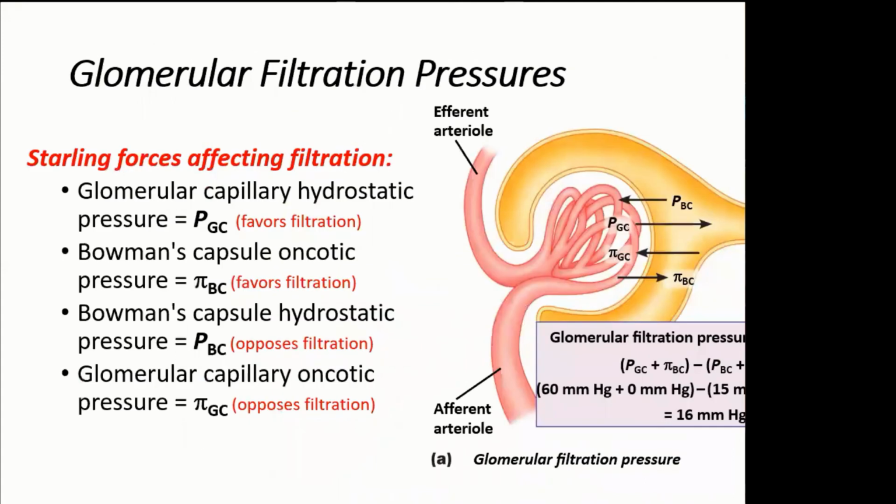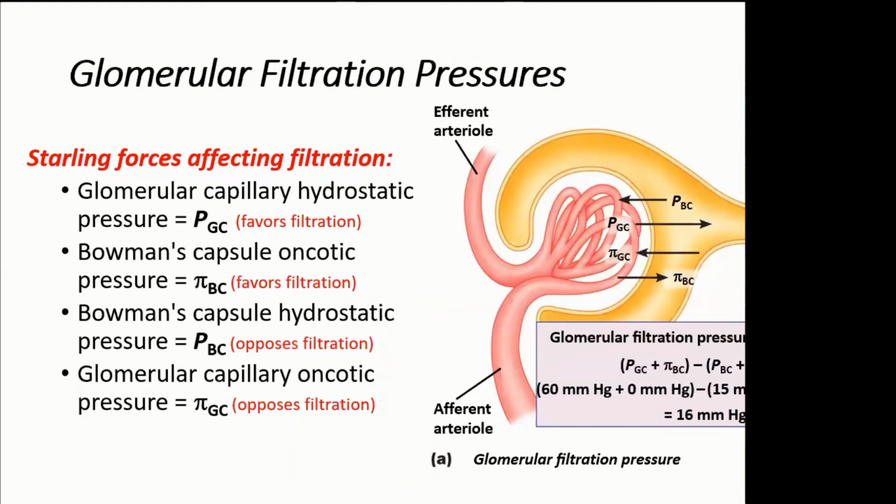Okay, so controlling all of this, we basically have the same Starling forces as when we were talking about things moving between the capillary, the interstitial fluid, and out into actual tissue. But we're going to have specialized versions of this because we're talking very specifically about the glomerulus and Bowman's capsule and the fluids in there.